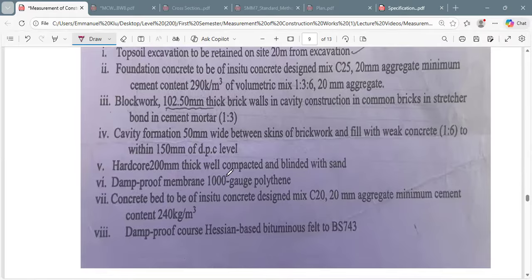Hardcore 200 thick, well compacted and blinded with sand. Also, damp-proof membrane of 1000 gauge polythene. Concrete bed to be of institute concrete design mix C20 of 20 aggregate, minimum cement content 240 kg per meter cube. And damp-proof course is hessian base bitumen felt to BS 743.